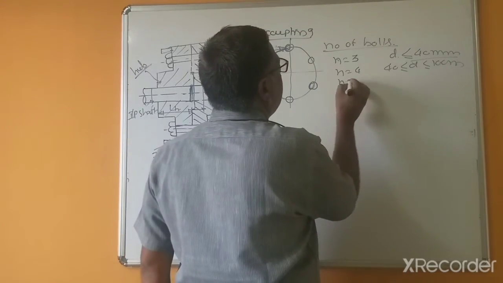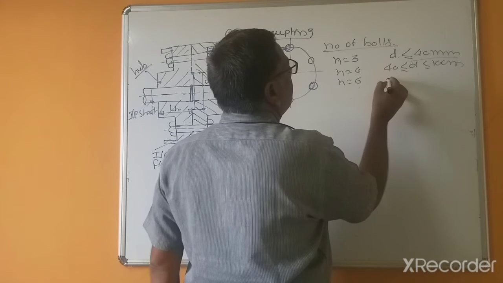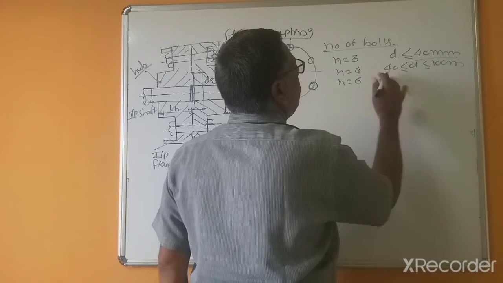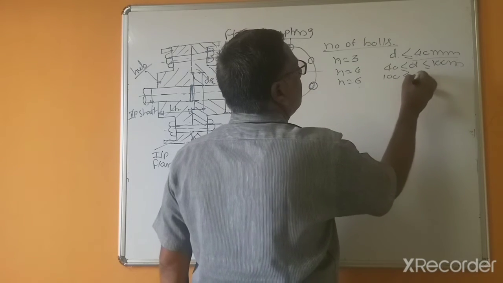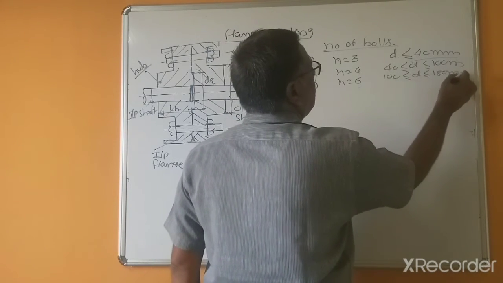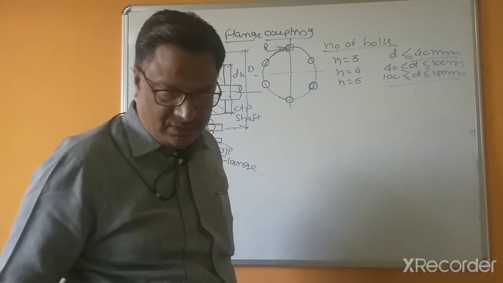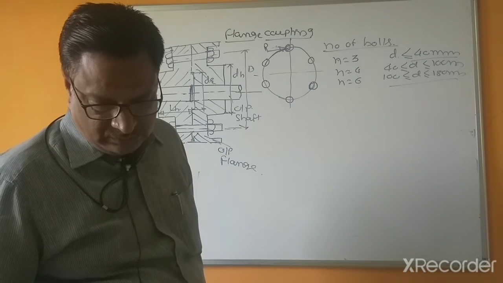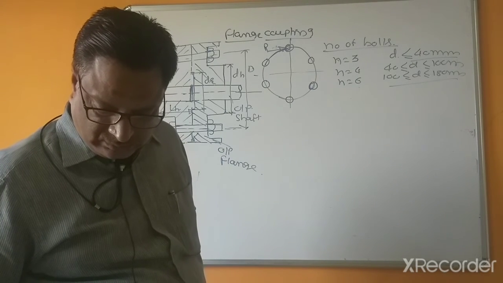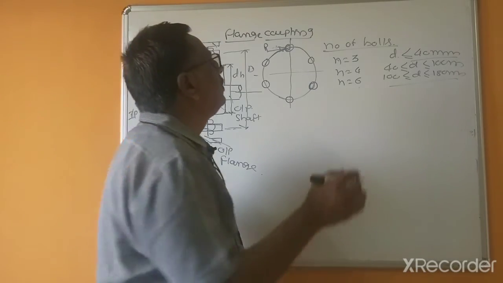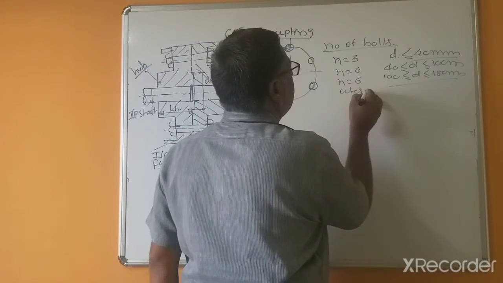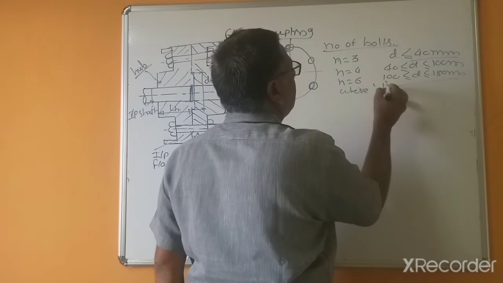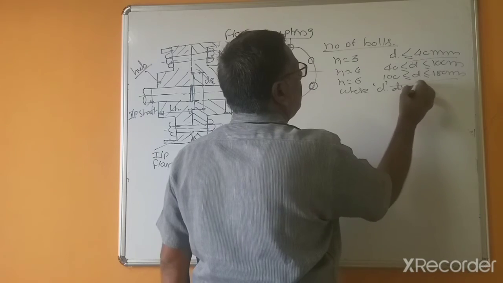And N equals 6 if D is greater than 100, or 100 to 180 mm. This is given in the design data book, where D is the diameter of the shaft.